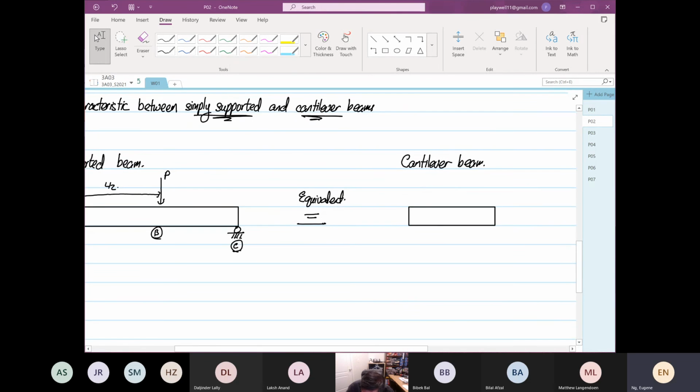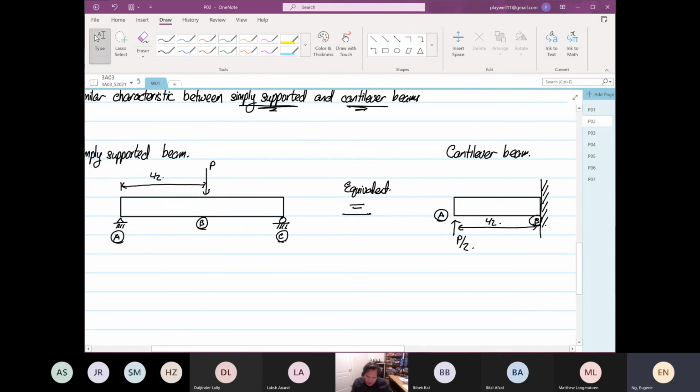So this will be our cantilever beam, and this will be not our point A, but our support over here. We have a force that's P/2, and the distance from here to here is L/2. So this will be our point A, and over here will be our point B.